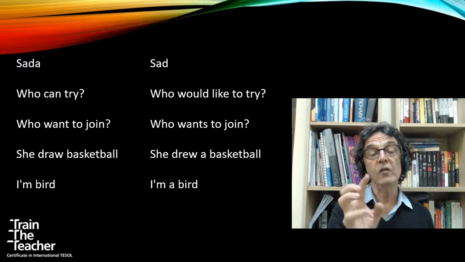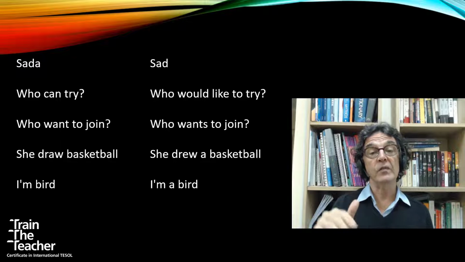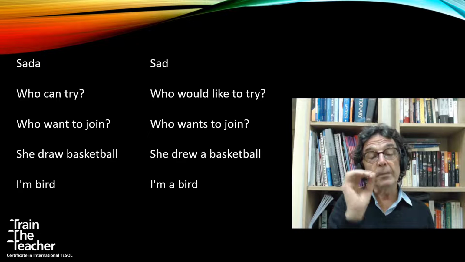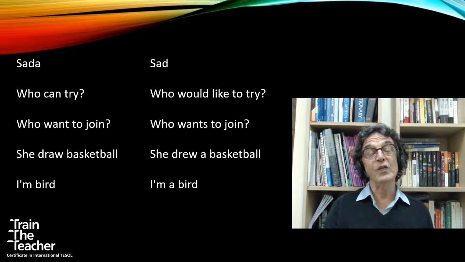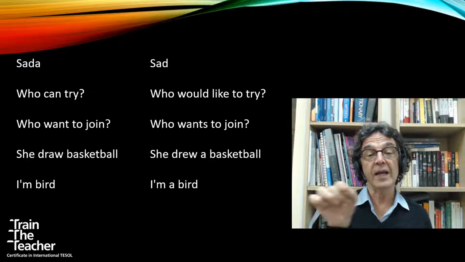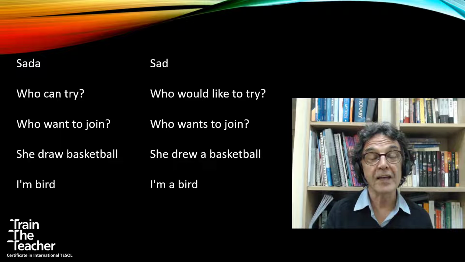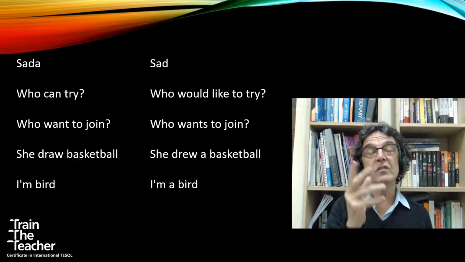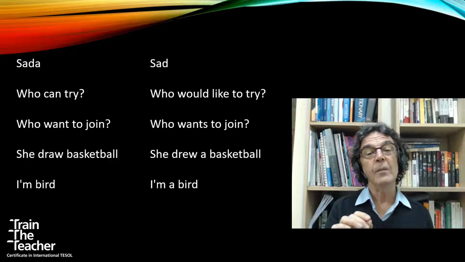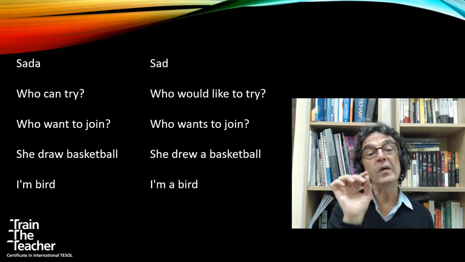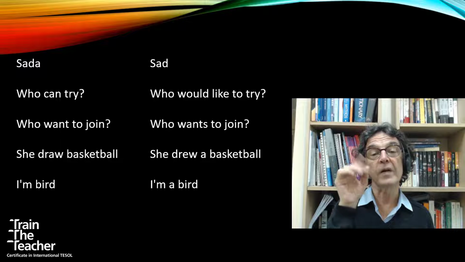Next one is interesting, and this problem is often caused by the books that we are exposed to. So in books we will have stories, and there will be a character called Bird. And that's kind of okay, but it's very confusing because bird is not a proper noun. It's not the name of a person or a special category.